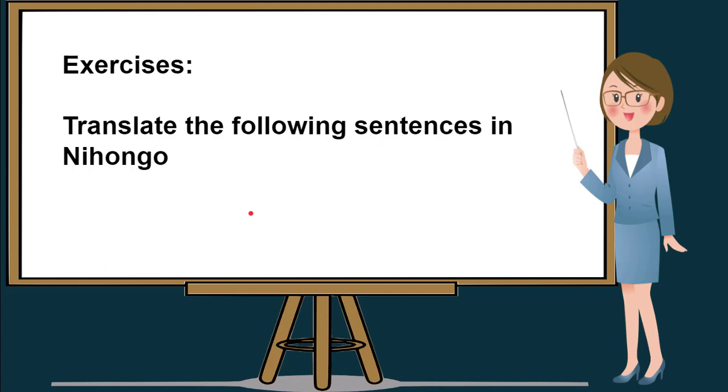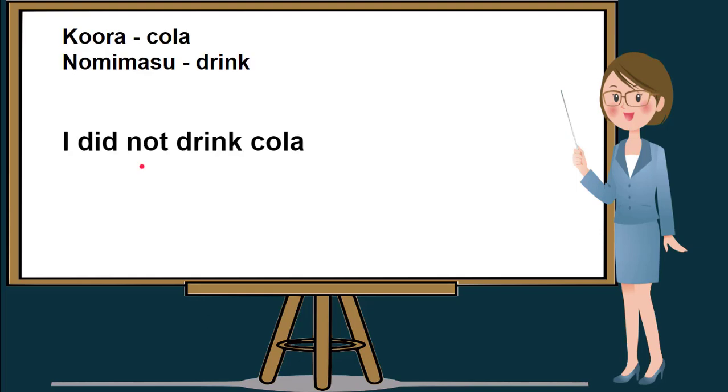This time, we will have an exercise. Please translate the following sentences in Nihongo. I will be giving you 5 seconds to state your answer in Nihongo. And for the first sentence, are you ready? In this first sentence, I'll be giving you the following words that you can use in translating this sentence in Nihongo.